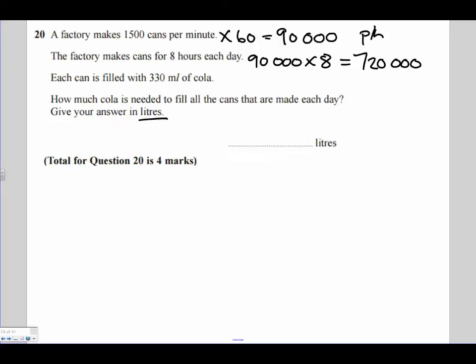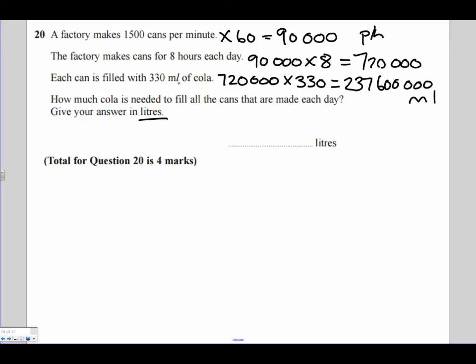Each can is filled with 330 milliliters. So we have our 720,000 cans and we fill it with 330 milliliters of Coke. So we have to multiply the 720,000 by 330. This gives us a rather large number of 237,600,000 milliliters of Coke every day.